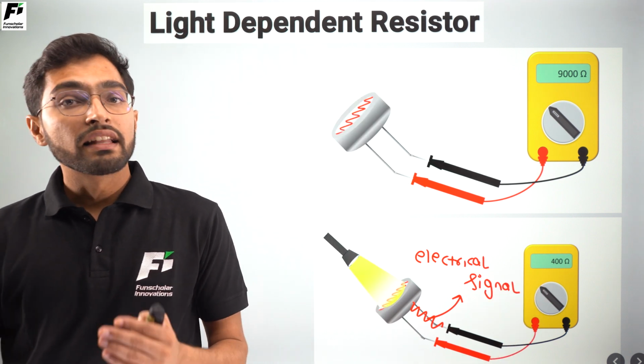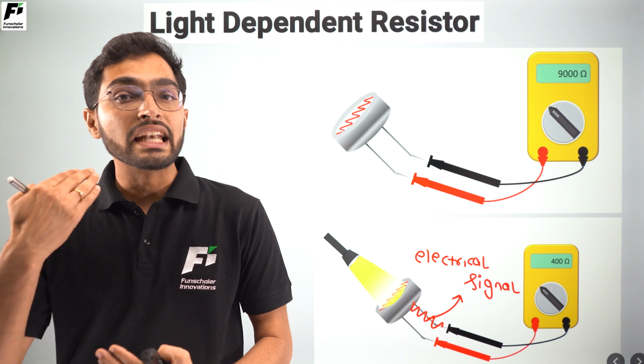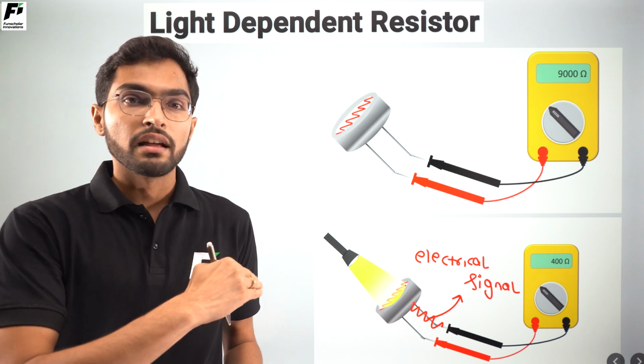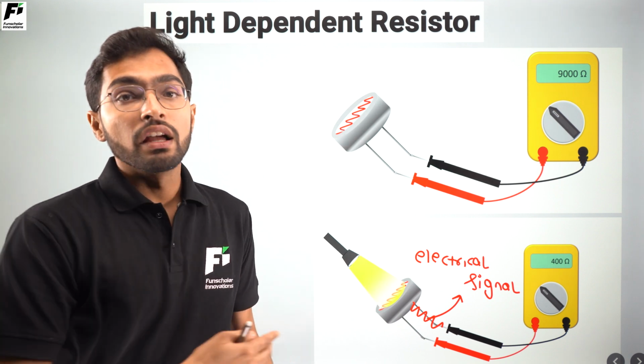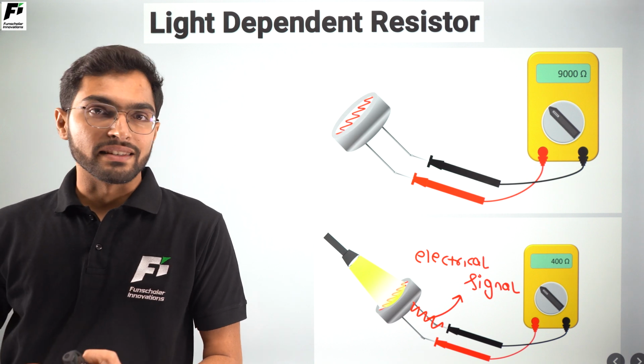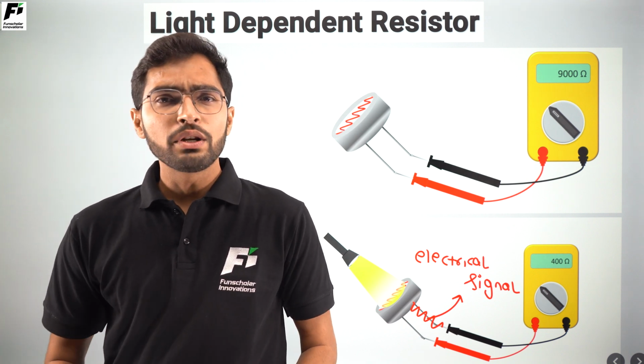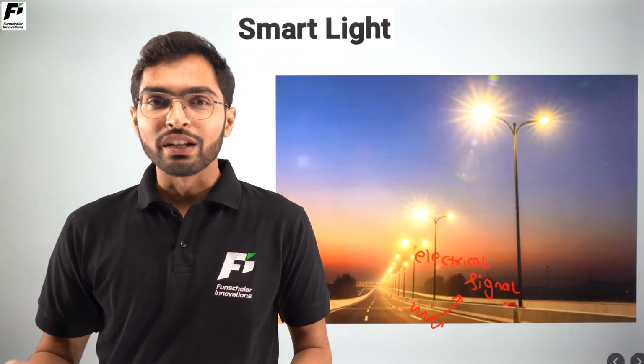Thus, we can say that the LDR sensor measures the intensity of light falling on it by converting the resistance into an electrical signal.